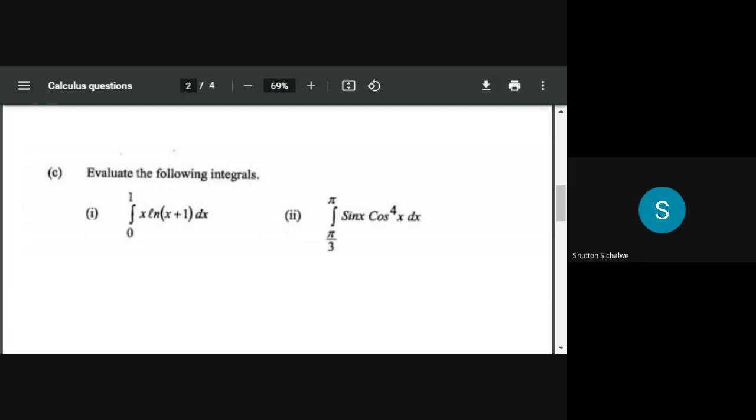If I say by change, I mean not by parts, but we change it. If I say cos x is cos x squared, we can say that's to the power 4. We can say that cos x squared again cos x squared.